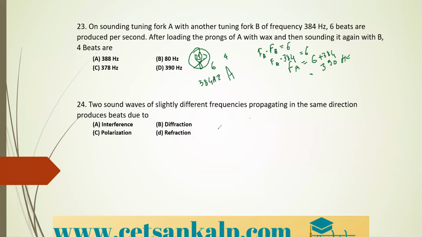Therefore, when sound waves of slightly different frequencies propagate in the same direction, beats are produced due to the interference of the sound waves. Interference is nothing but superposition, where the two waves are superimposing on each other. So option A is the correct option here, right? Okay, let us go for the next question now.